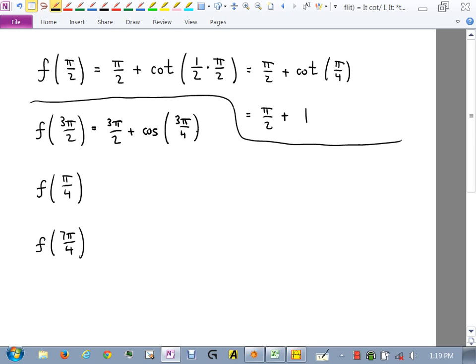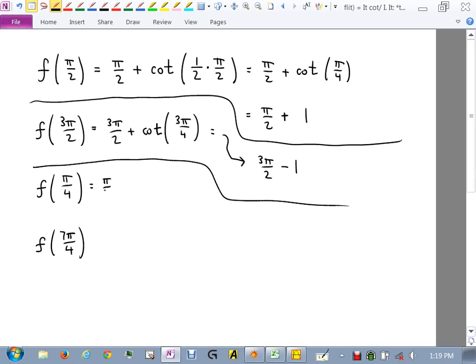What's the x-coordinate? It'll be -1. So it'll equal 3 pi over 2 minus 1. I'm sorry, I did put a cosine. Cotangent. Next one.